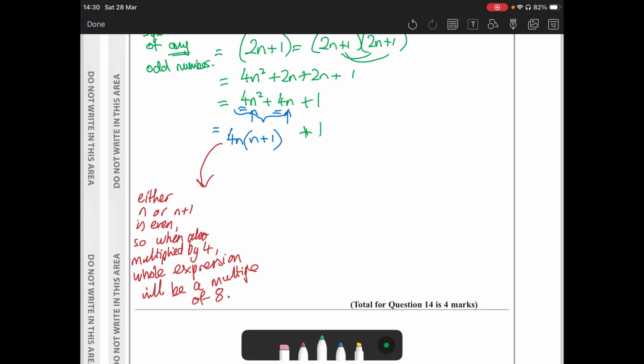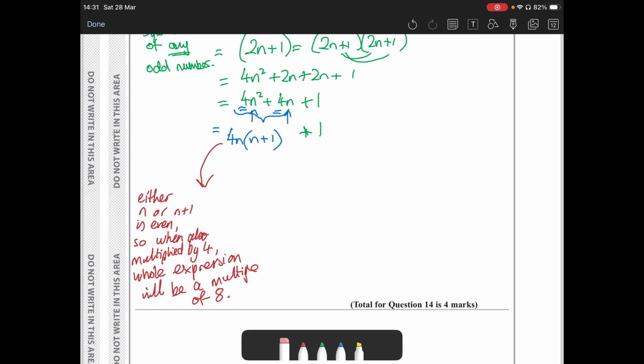Well, remember, n can be any number. But let's say n was, I don't know, 5, for example, this would have to be 6. Yeah? And if this was 12, this would be 13. So you've got this situation where either the n at the beginning, the one outside the bracket, is the odd one, or the n plus 1 is the odd one, but the other one's going to be even, right?